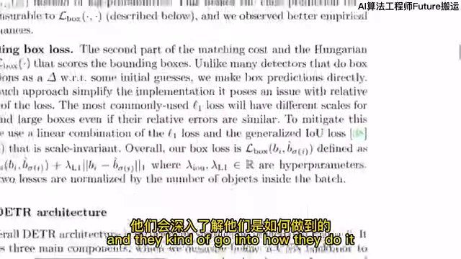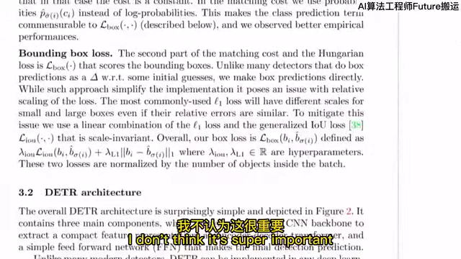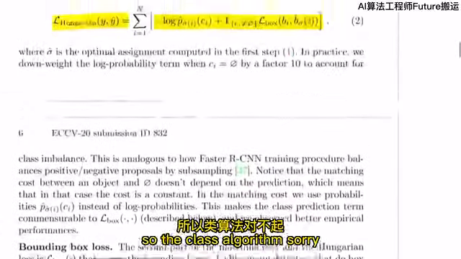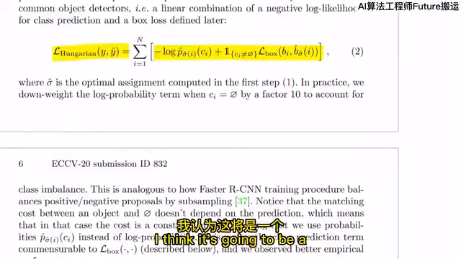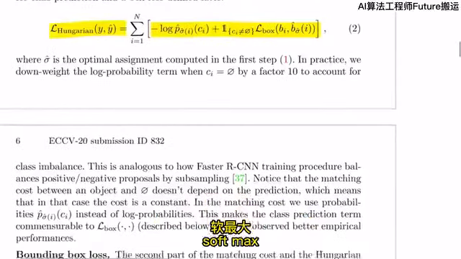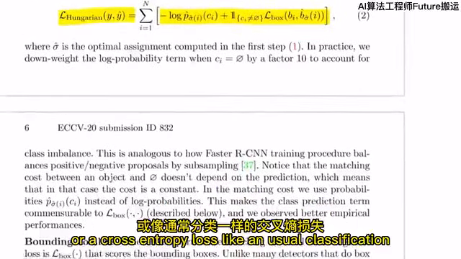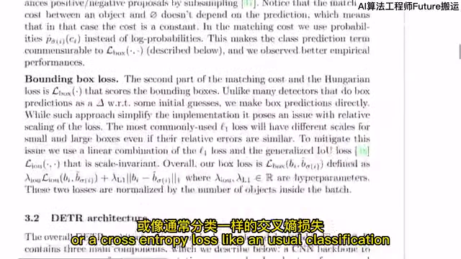And they kind of go into how they do it. I don't think it's super important. So the loss on the class labels, I think, is going to be a softmax or a cross entropy loss, like in usual classification.